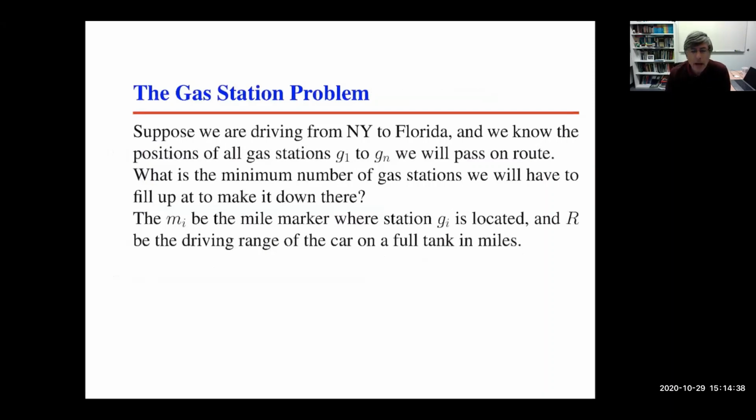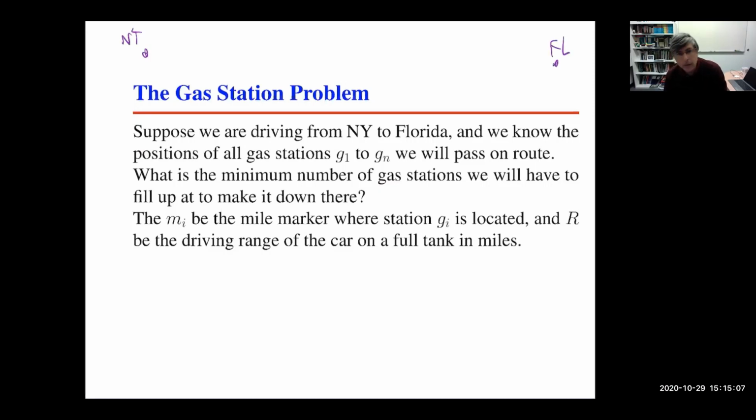Let's now look at a couple of very, very simple problems that, if you think about them the right way, can be thought of as dynamic programming problems. And this is an example maybe of how you formulate the recurrence. Okay, let's say we are driving from New York to Florida. Here is New York. Here is Florida.